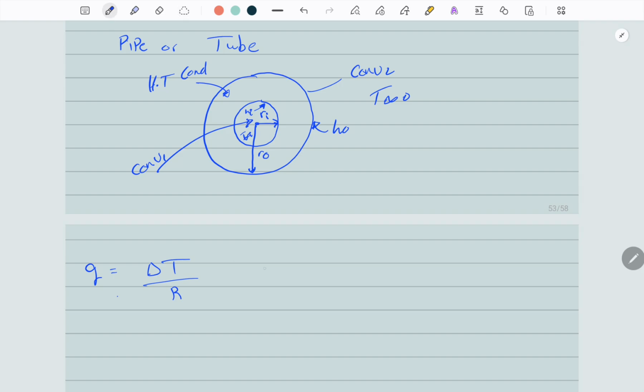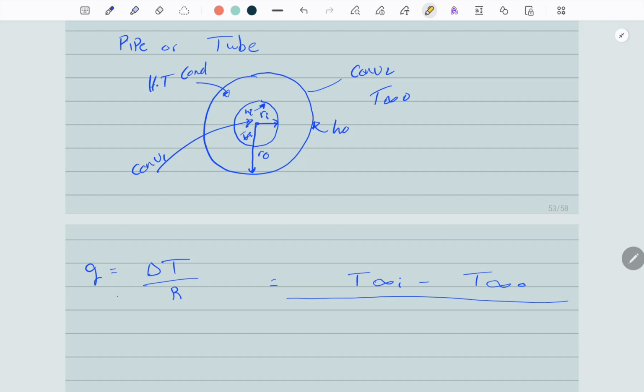The change in temperature is the inner temperature minus the outer temperature, the hotter temperature minus the cooler temperature. So it's the inner surrounding temperature minus the outer surrounding temperature divided by the total resistance.